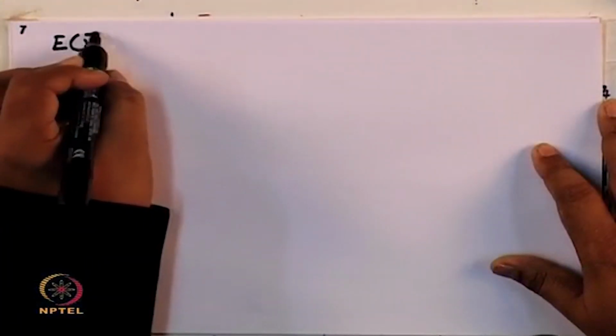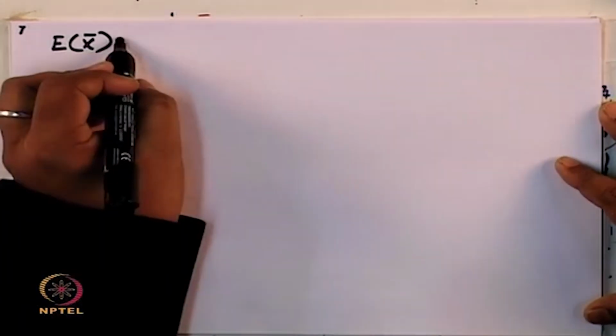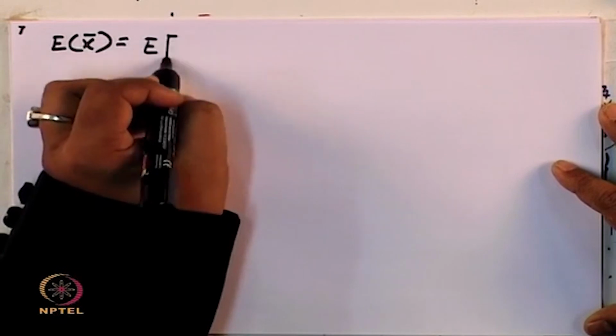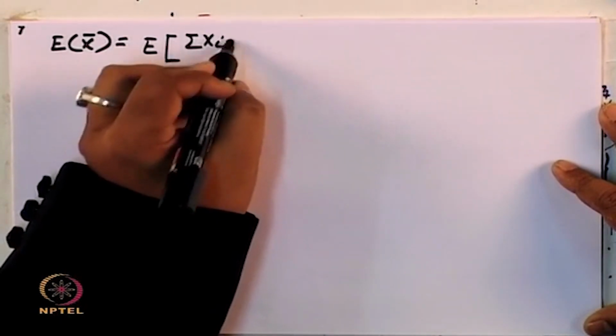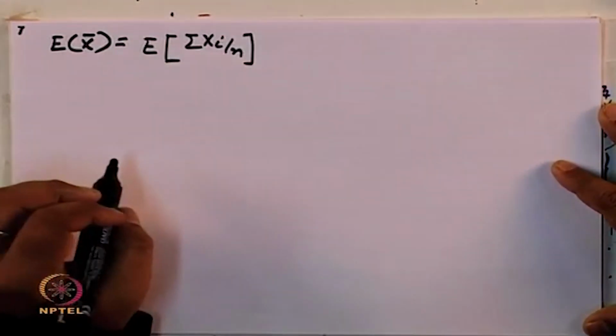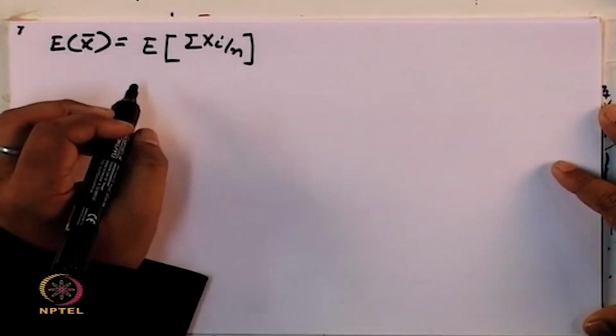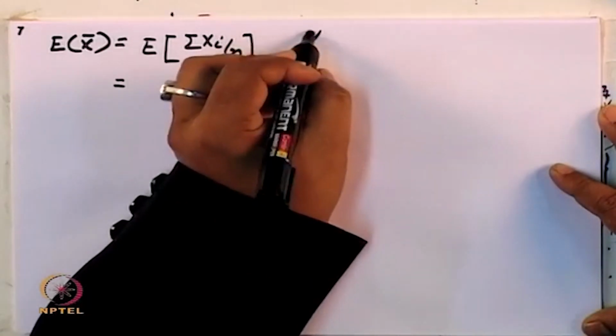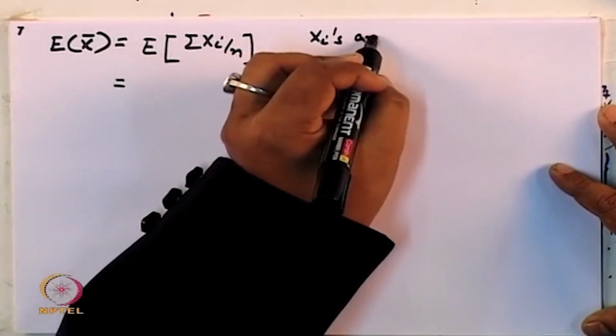So, I can calculate the expectation of x bar as the expectation of summation xi by n. Now, I can split this down, since the xi's are independent.